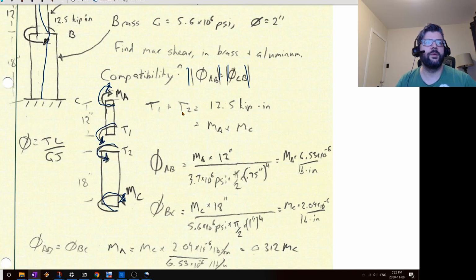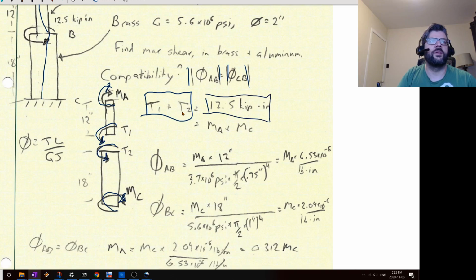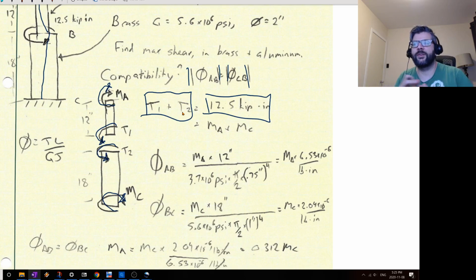I'm going to call that T1 and T2. Those two combined together are going to be the 12.5 kip inches. So when you apply the torque at the joint in the middle, some portion is going to be carried by the aluminum rod, some portion is going to be carried by the brass rod.